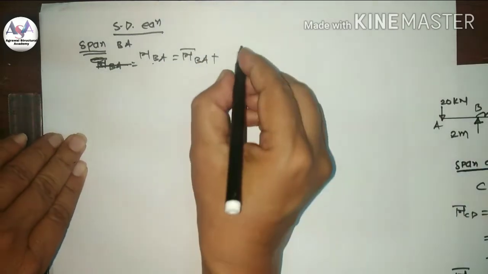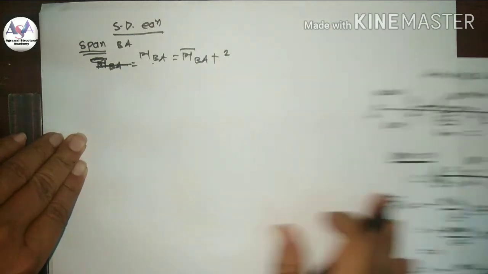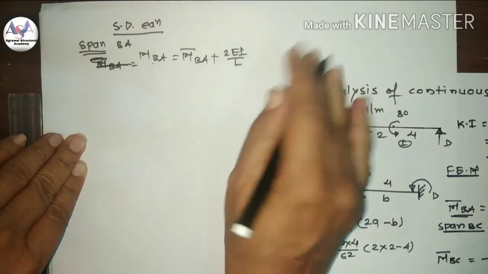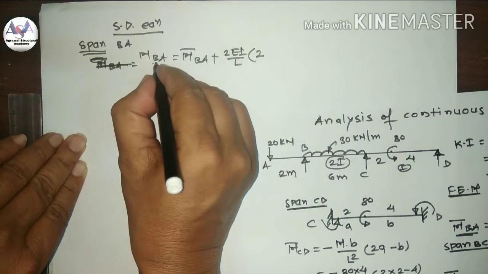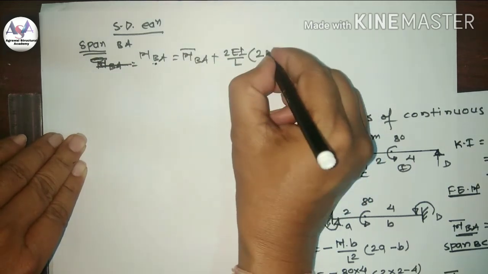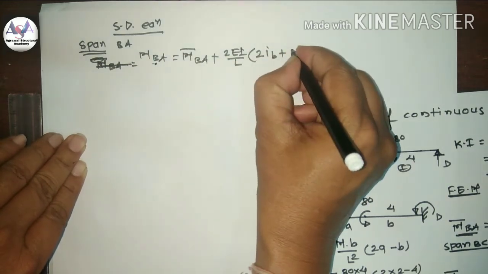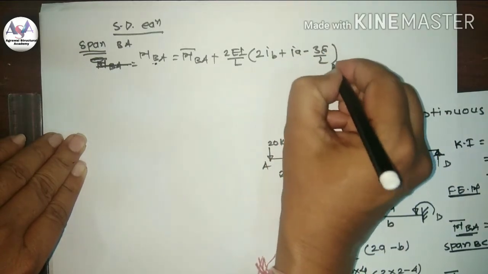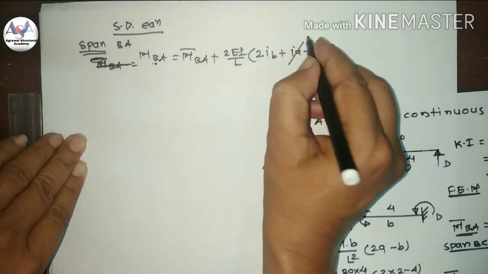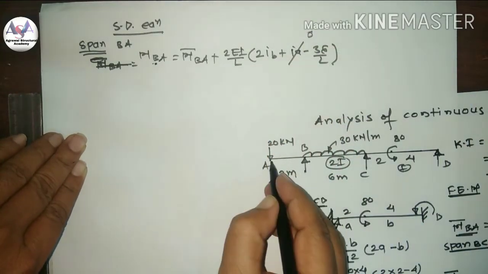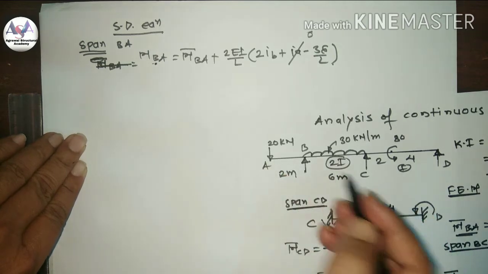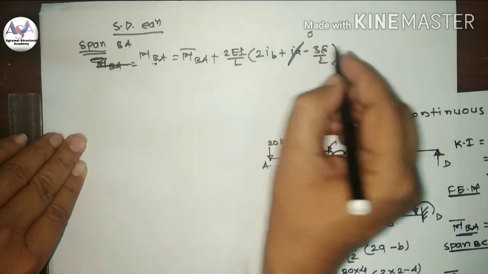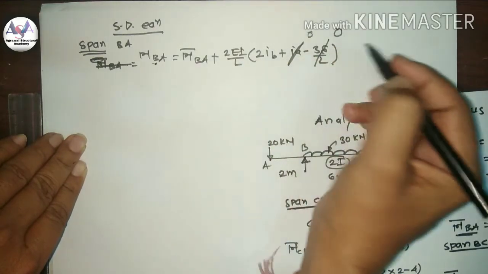Then plus, because of this overhang, the rest of the part is twice EI by L, by the routine procedure, twice (θB plus θA minus 3 delta by L). But here we know θA is 0 because of the fixed end. Now this A is 0 because there is no support, and the total value delta is not here because of this 0.